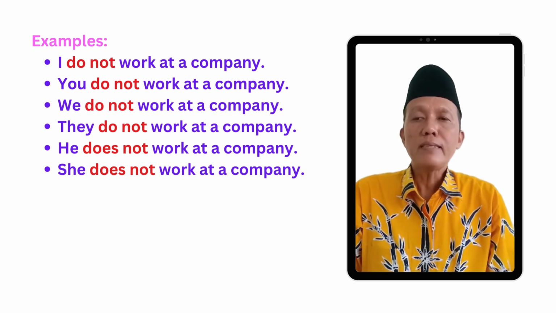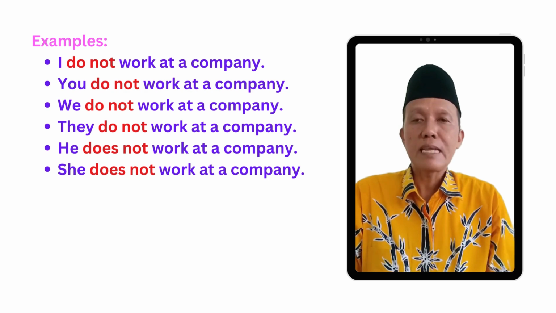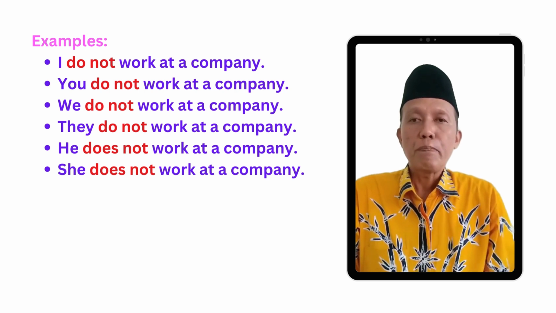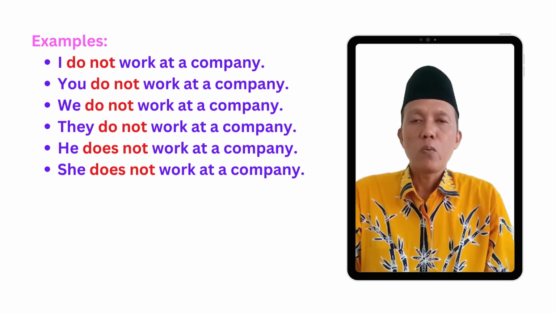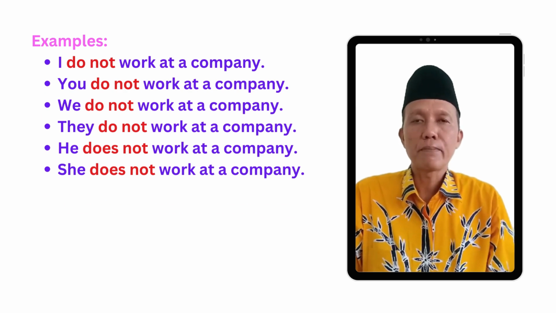And when the subject is he, she, it, we use auxiliary does plus not plus base verb when we want to construct or to make negative sentence.